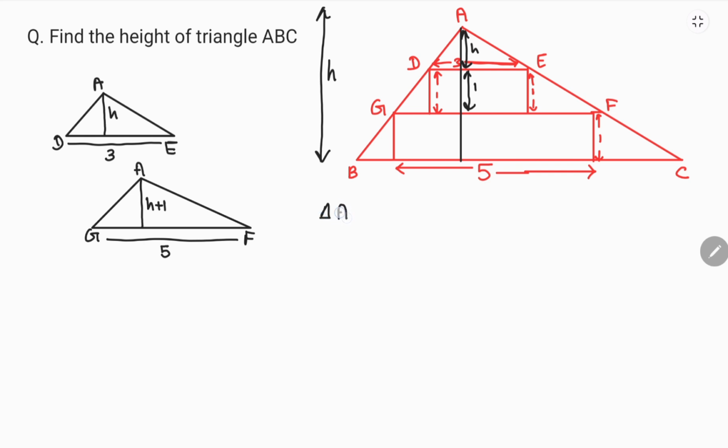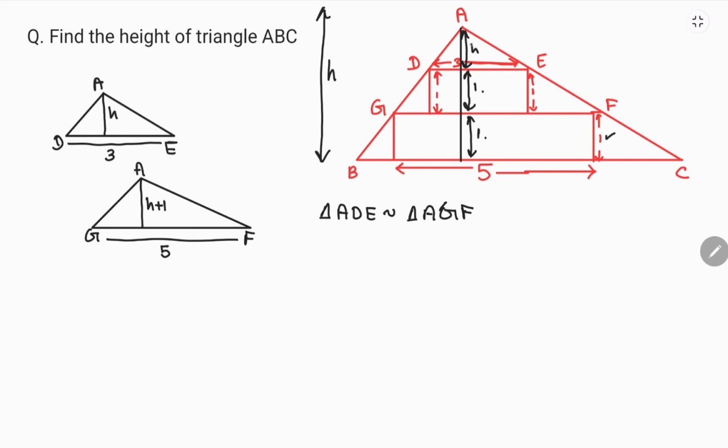If you see, both these triangles are similar. So we can write triangle ADE is similar to triangle AGF. But what do we need to find? We need to find the whole height, H plus 2, because this is also 1. It is given that this side is 1, so this is 1, this is 1.